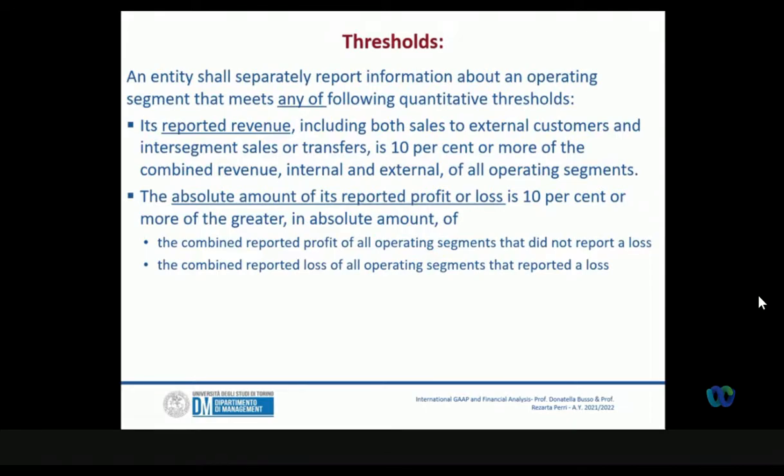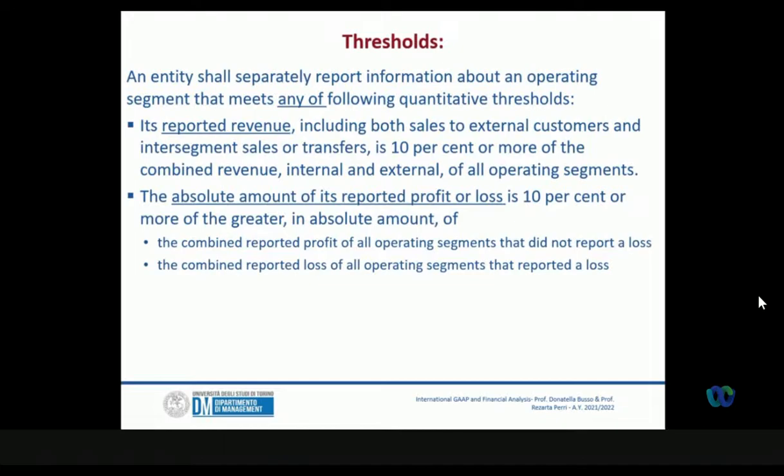So basically, I compare the profit of the segment to the total profit of the first group, representing only those segments that generate and report profit. And I compare the loss of any segment to the total losses of the second group, which is only those segments that are reporting a loss.